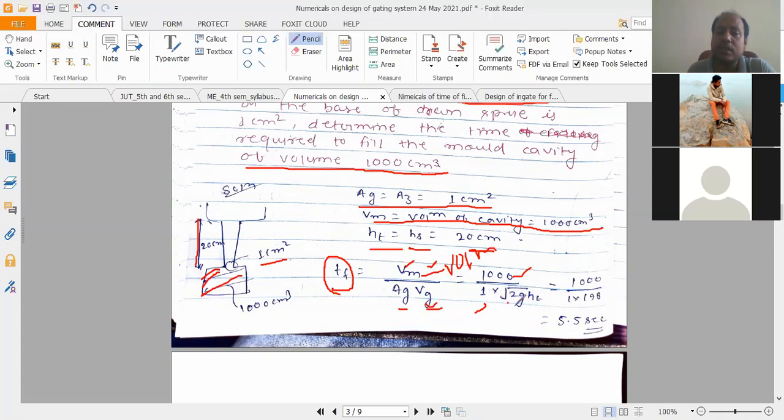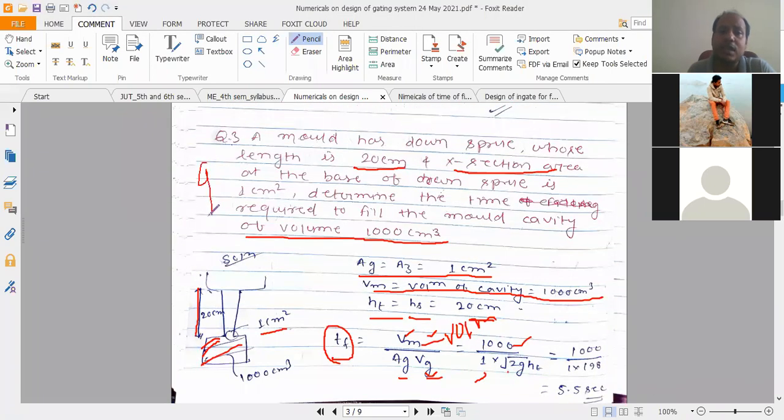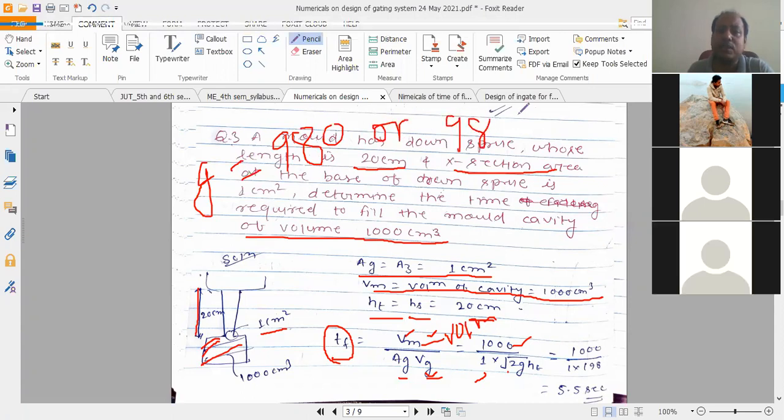So this one I have already told you, that G का वैल्यू हमेशा जब सेंटीमीटर दिया हुआ हो तो 980 और 981 you have to consider, because it is in centimeter per second square.